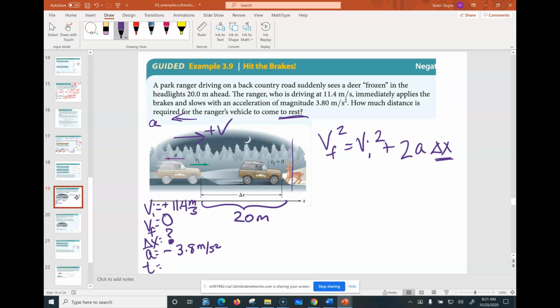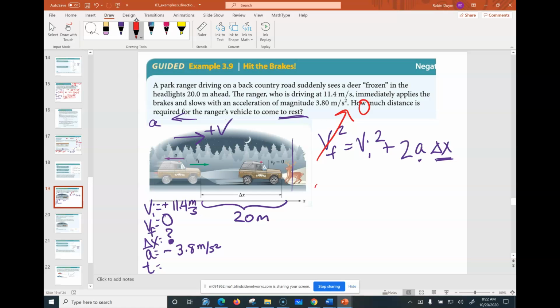Be careful. This is negative. What's my VF? Oh, something goes away. Yay, we love that. Because it's 0. Remember, he's coming to a stop?